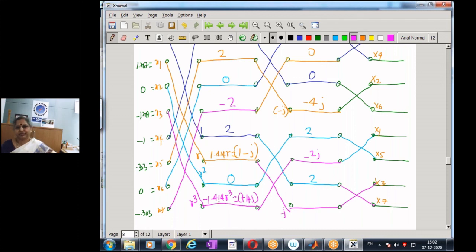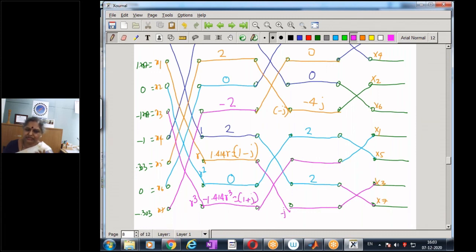There was a minus 1.414 gamma cube, and so now when I take the addition, this is going to be 1 minus j plus 1 plus j.